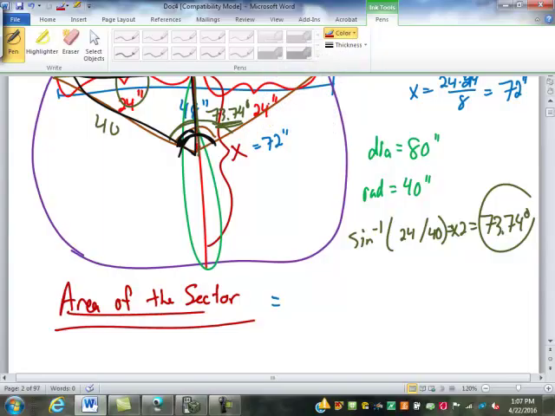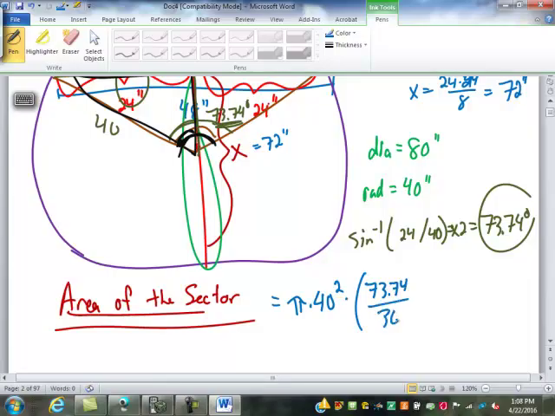Area of the sector is the area of the whole circle. So that'll be pi times the radius, which is 40 squared. And then that's multiplied by that central angle, 73.74 over 360.